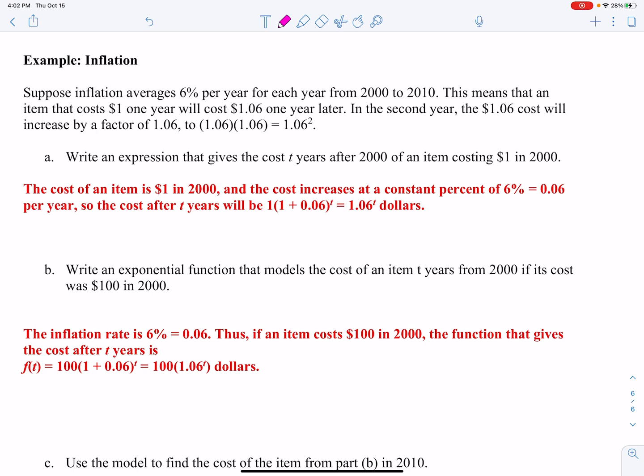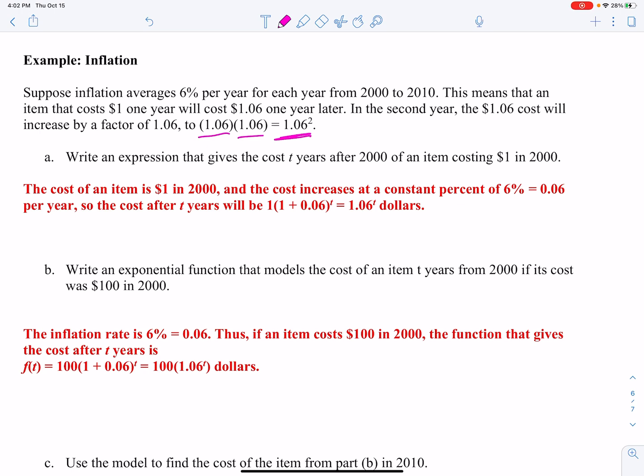This means that an item that costs $1 one year will cost $1.06 1 year later, and the second year the cost will increase by a factor of 1.06 again. In other words, 1.06 times 1.06, or 1.06 squared. That's if you're increasing by the same percent each unit of time, in this case years.